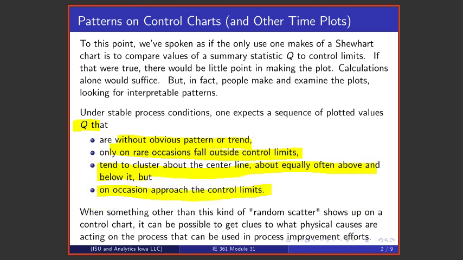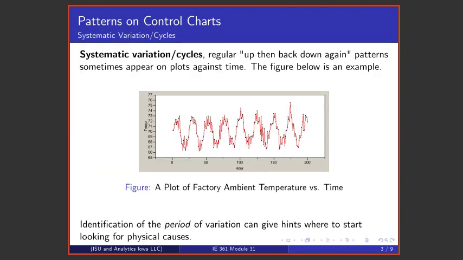If something other than this is seen, it's possible to get clues as to what is going on physically that can be helpful in eliminating causes of physical variation, causes of systematic variation, and help reduce overall variation and improve process consistency.